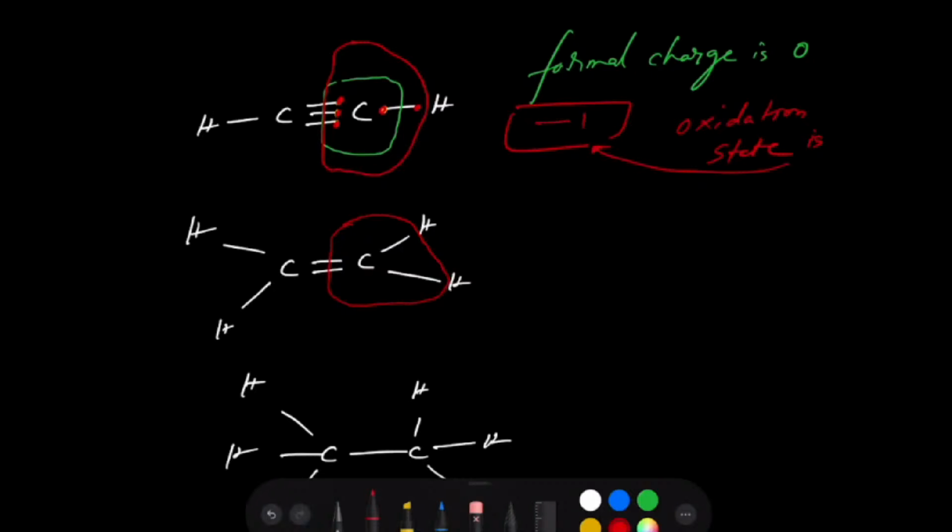So let us count total number of electrons. So this 1, 2, 3, 4, 5, 6. So there are a total of 6 electrons. So there are 2 extras. Sorry, carbon is supposed to have 4, but it is having 6 here. So there are 2 extra electrons. So oxidation state is -2.